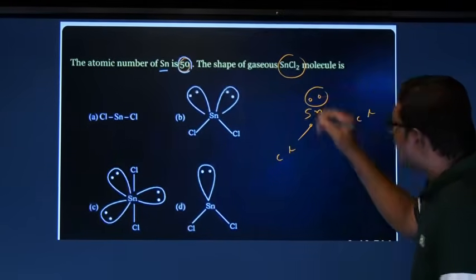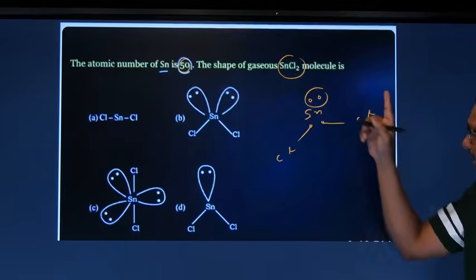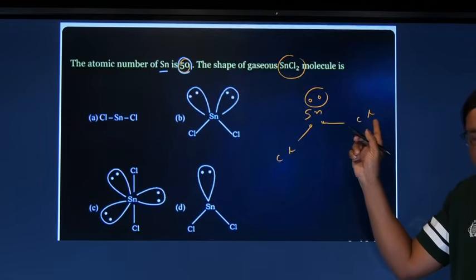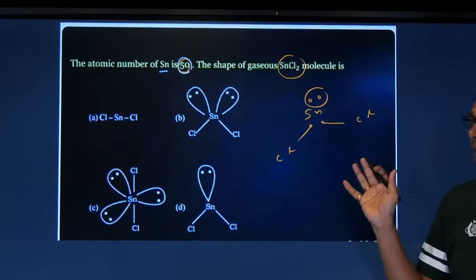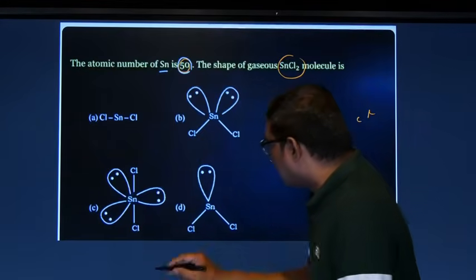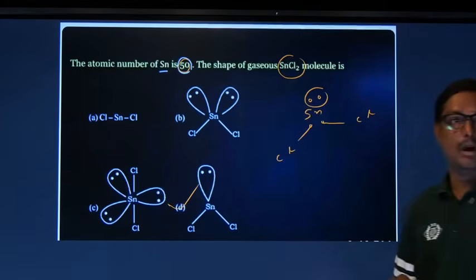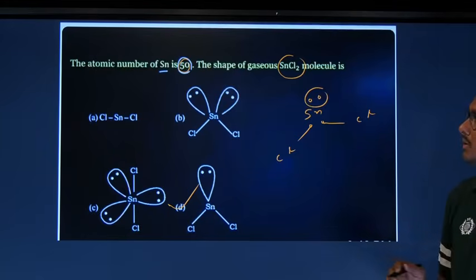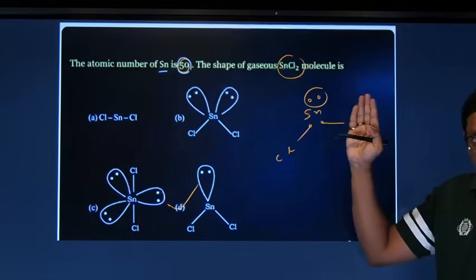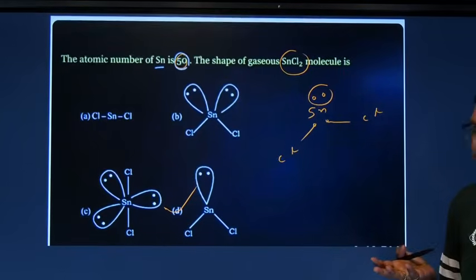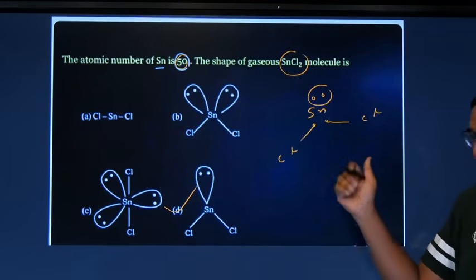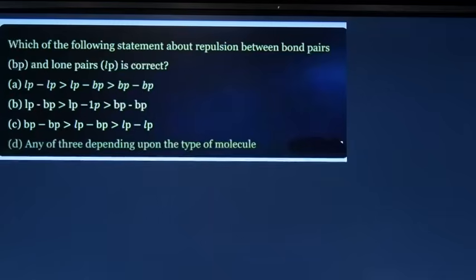After formation of SnCl2 molecule, it has one lone pair and two bond pairs. That means it has an angular shape. So the correct option should be option D. I repeat again, tin belongs to the fourth group. It can form a maximum of 4 bonds. Here, one lone pair and two bond pairs. So move on to the next question.